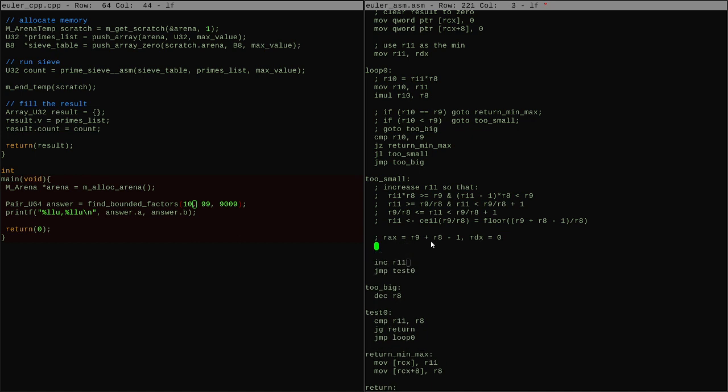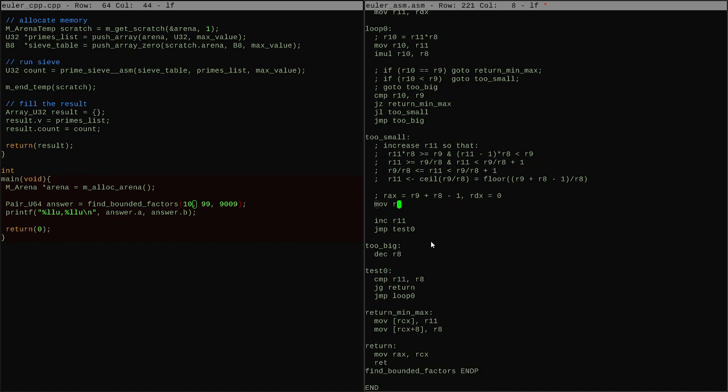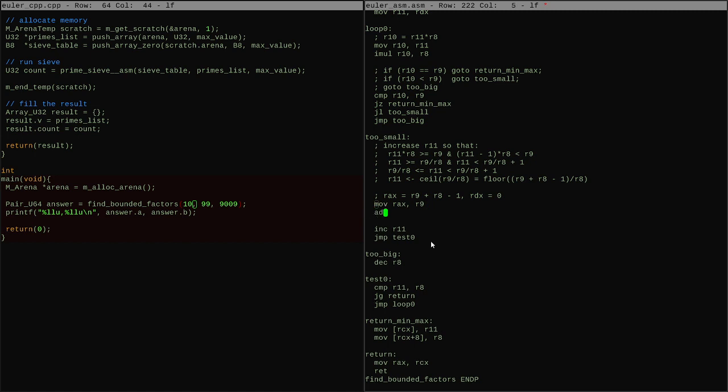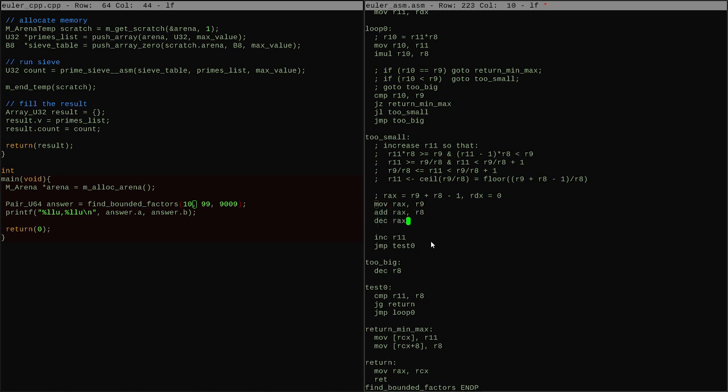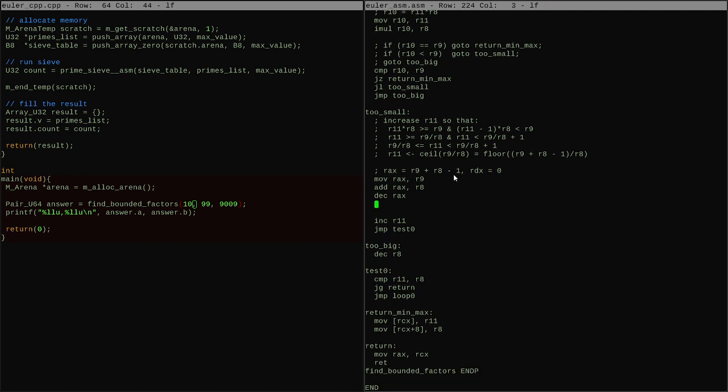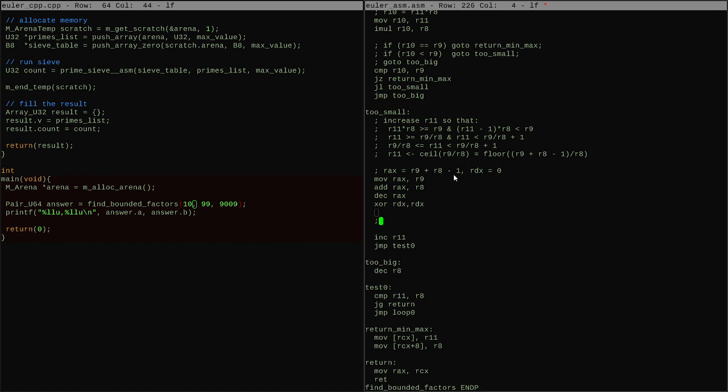So let's move into RAX the R9, add into RAX the R8, decrement the RAX. So there we go, we've got that, and then we move into the RDX. Well, we can clear the RDX to 0. And then what we're going to do is RDX, RAX divided by R8.